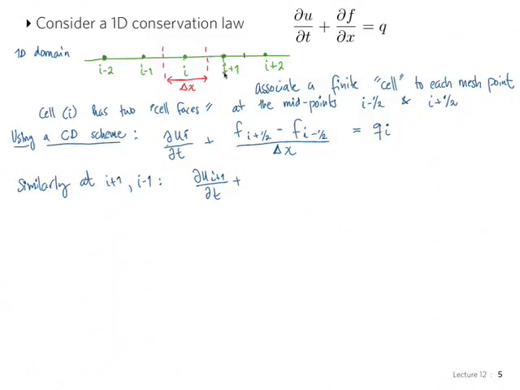This midpoint between these two is I plus 3/2. So that would be f at I plus 3/2 minus the point on the other side, which is f at I plus 1/2. So this would be our central difference for the point I plus 1.